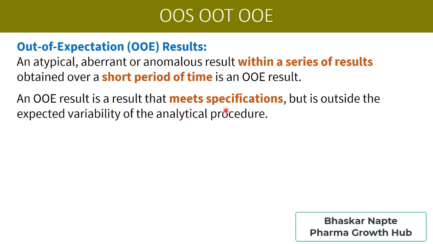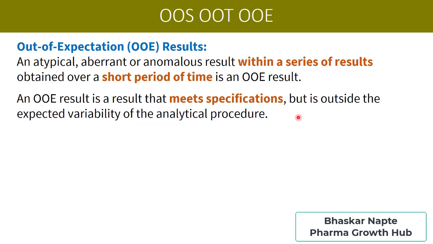OOT means out of trend. So for this time, let us understand that the OOE is something which is atypical, aberrant, anomalous, not as expected by you, but for a short period of time, and all the results are still meeting the specification.